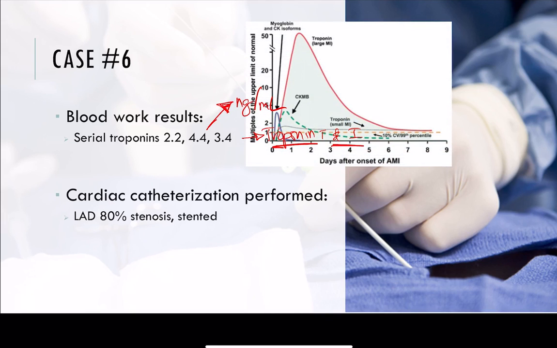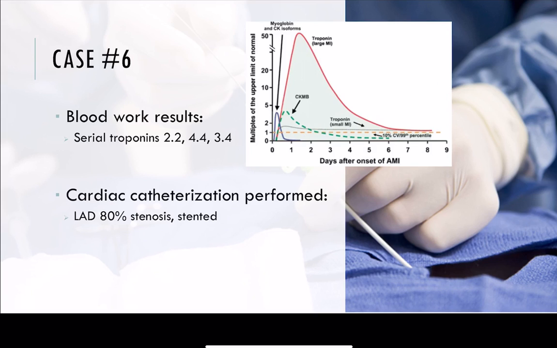Oh, I'm going to get my sketches off of here so you can see that. So this is a graph of the kind of grouping of cardiac enzymes that can be measured. And we talked about this in pathophys, and we'll go into a lot more detail in cardiopulm, but you can see there are other enzymes they could have looked for, including CPK and myoglobin, but troponin is considered the gold standard.